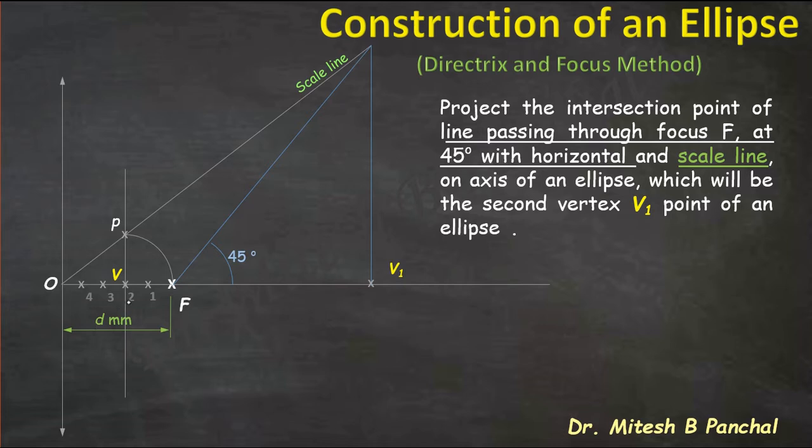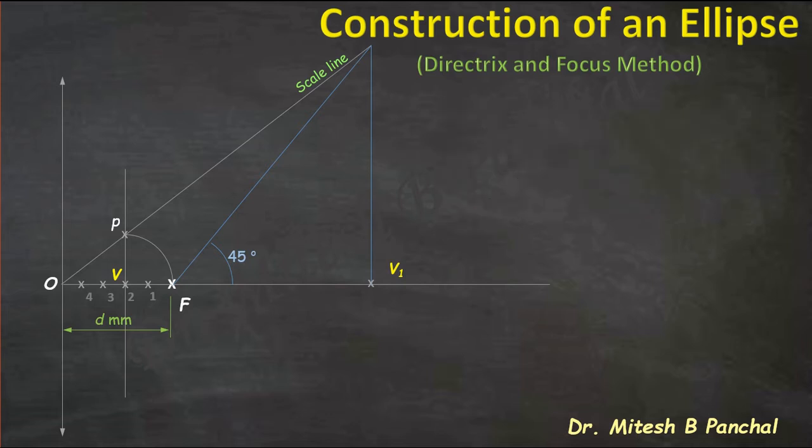After finding V, the first vertex point, and the second vertex point V1, now we will move further.